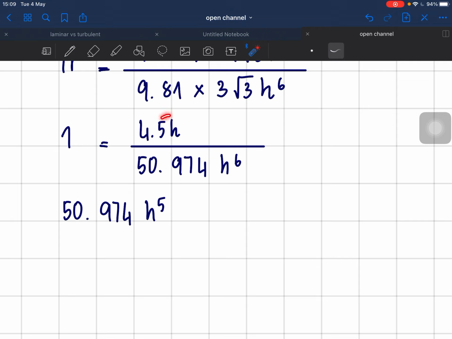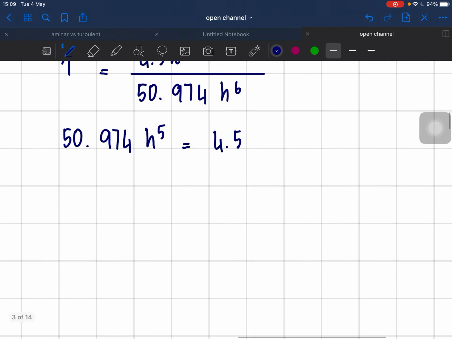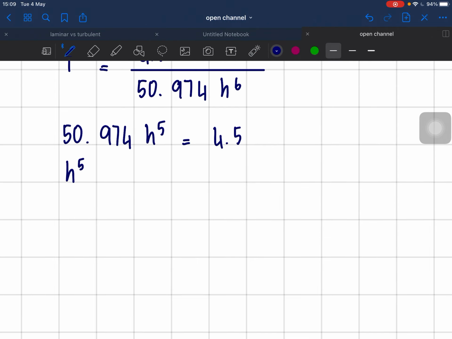Why is it 5? Because it's an h, so we can finally cancel it out. We can only cancel it out if it's on the top and on the bottom. Don't cancel like me. Don't cancel like h, and then cancel like this. No, that's not fine. And then we can find the h to the power 5 here by 4.5 divided by 50.974. So h to the power 5 equals to 4.5 divided by that.